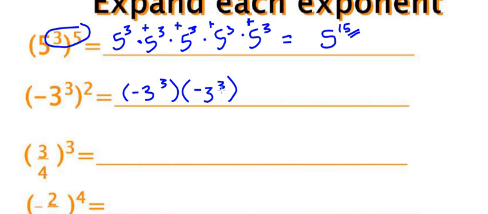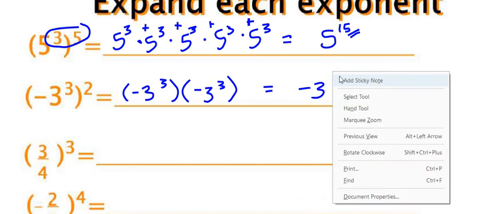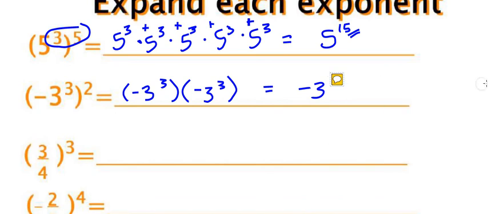So if I use my rule from yesterday, when my base is the same, I keep the base, and when I'm multiplying, I add the exponents, and 3 plus 3 is going to give me 6. So I end up with negative 3 to the power of 6.